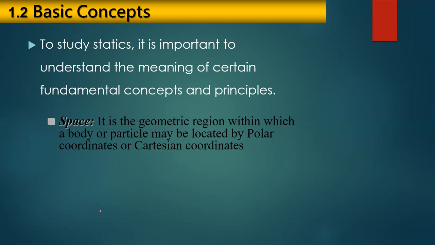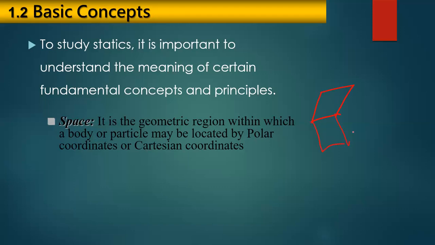The location that we're talking about can be given using polar coordinates or Cartesian coordinates to locate this object. Let's say you have a body here, something like this.